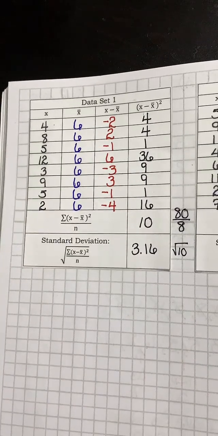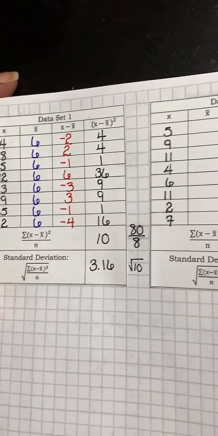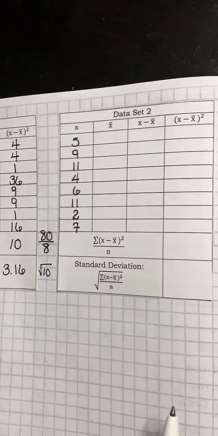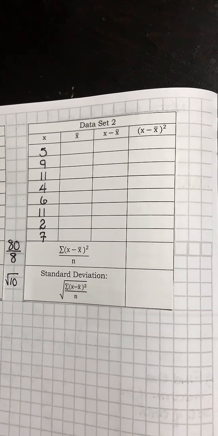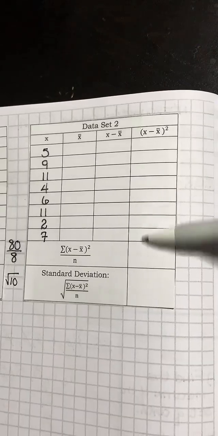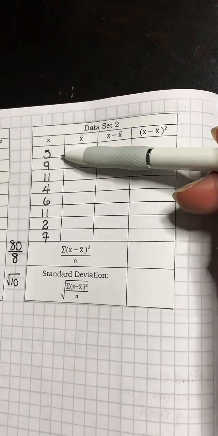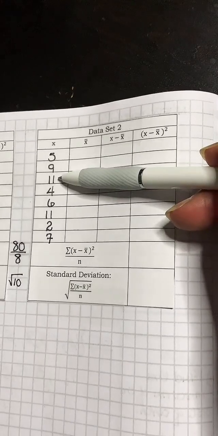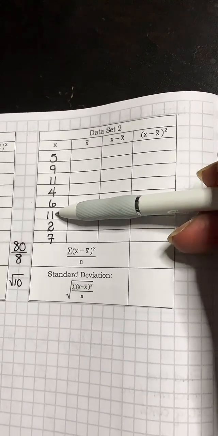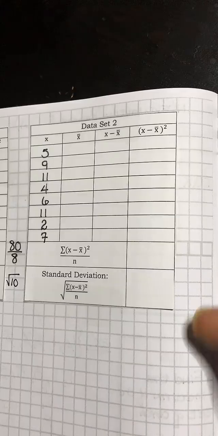Now, like we're comparing data, now we want to do the standard deviation of this data set. So we have 5, 9, 11, 4, 6, 11, 2, 7.